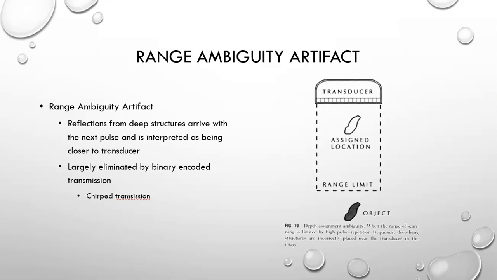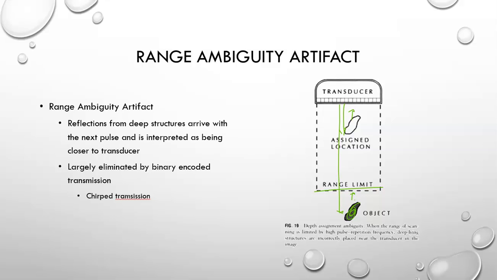Alright, so other types of range ambiguity artifacts. If you are imaging at a particularly short depth, let's say, and there's a strong reflector deeper than where you're imaging, so our depth is right here, and there's an object that is deeper than we are imaging, on the first time that the sound comes down and hits that, the reflection doesn't get back to the transducer until the next beam is sent out, and so the machine thinks that it's right up here close to the transducer.